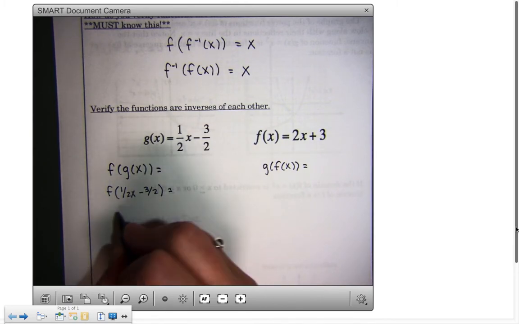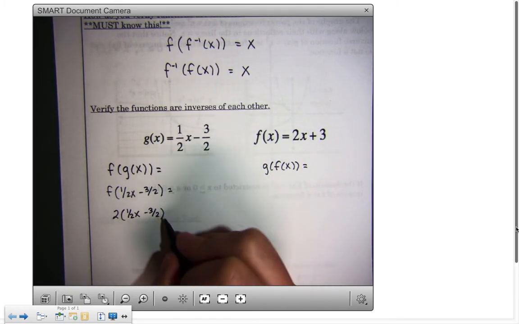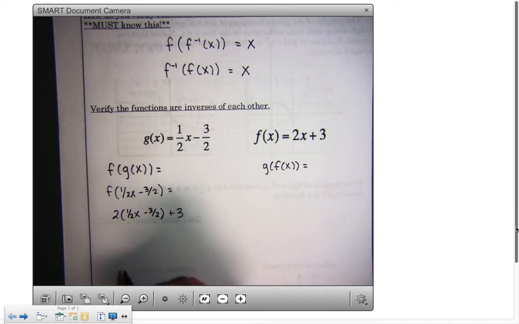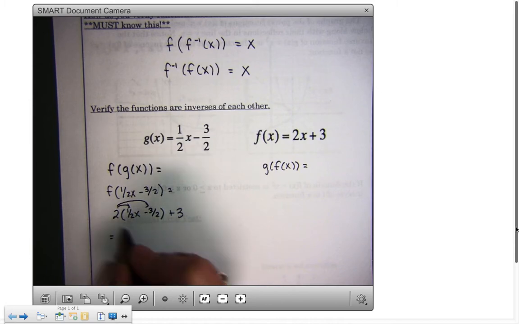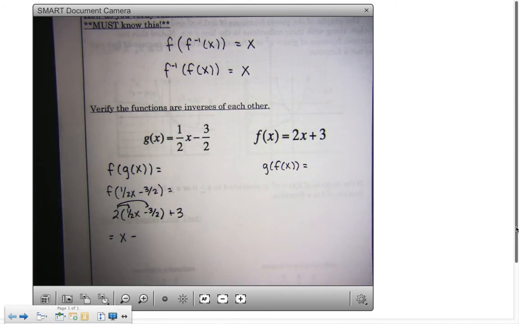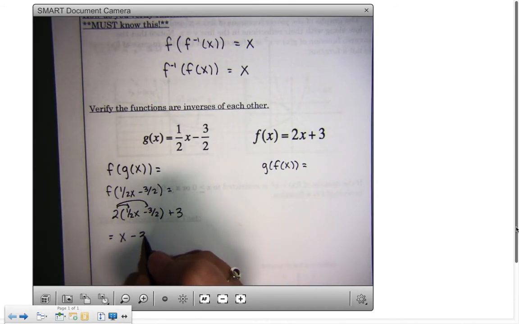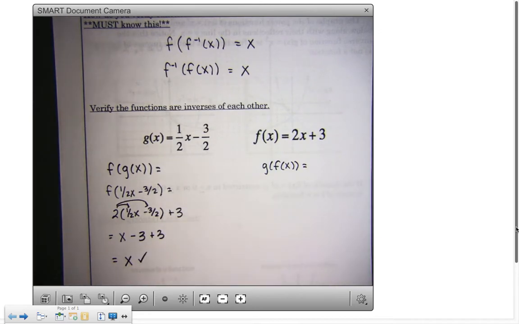So I have 2 times (1/2 x minus 3/2) plus 3. I'm replacing x with g of x. So if we distribute, 2 times 1/2 x is x, minus 2 times 3/2 is 6/2, which is 3, plus 3. So that simplifies to be x. So we've confirmed that the composition works when we do f of g of x.